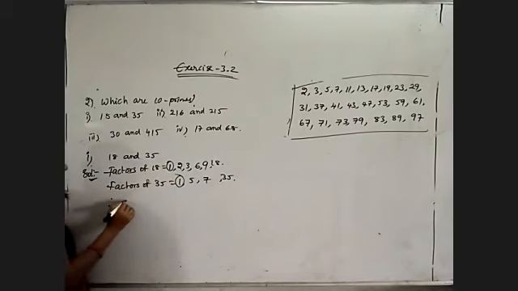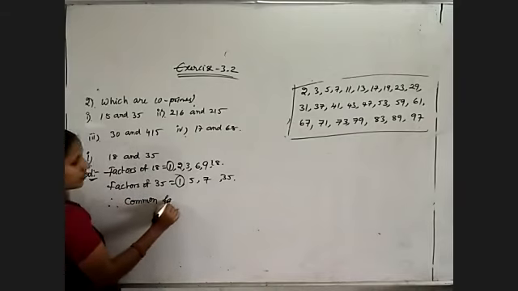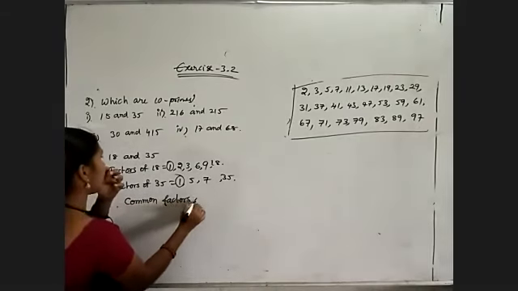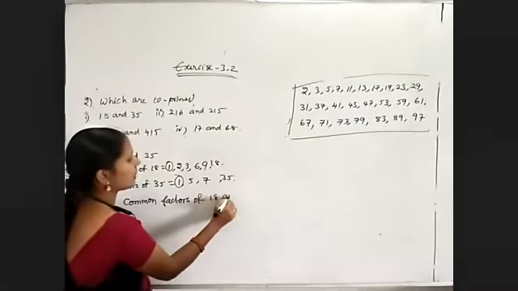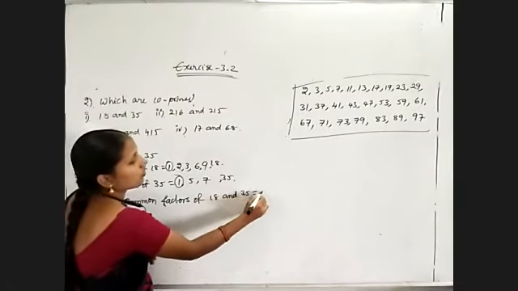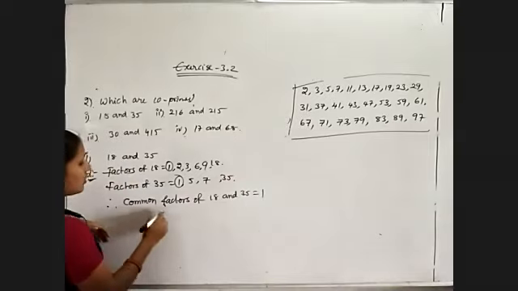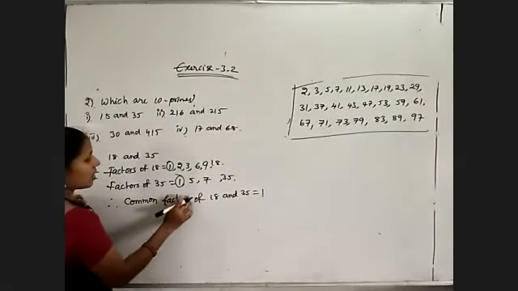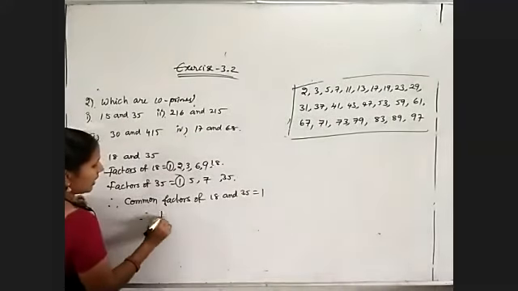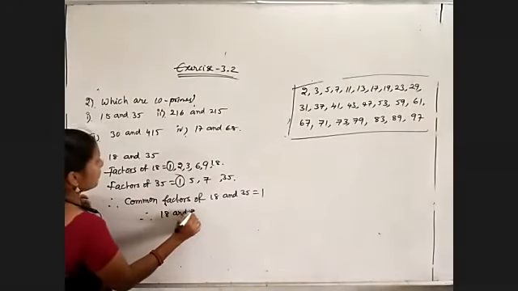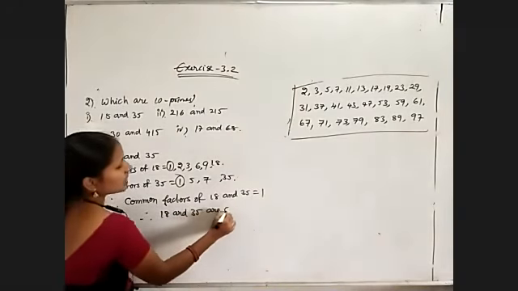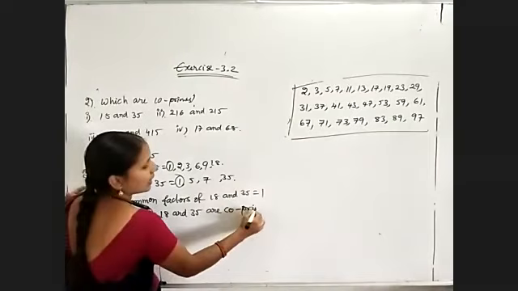Therefore, the common factor of 18 and 35 is 1. So 18 and 35 are co-primes, relative primes.